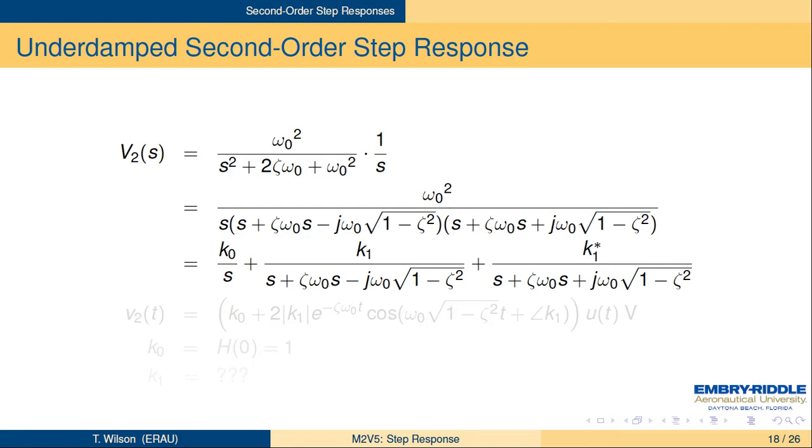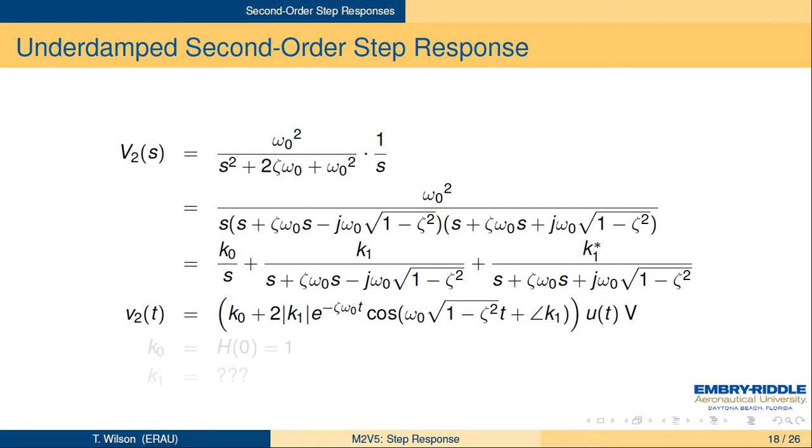And when you write complex roots, you know that the coefficients, the residues, are going to be complex conjugates of each other. So we know the form of the answer before we even figure out what K naught and K1 are.